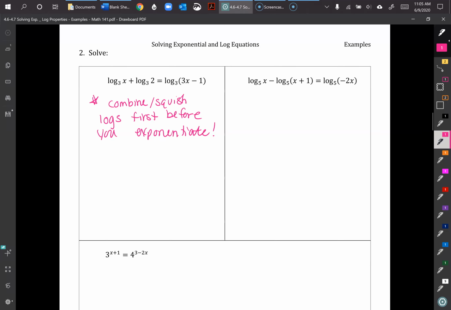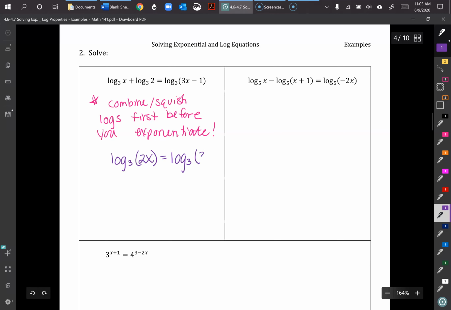So we have log base 3, and then we're going to use our sum to product, 2x. So you just have to compress those together first, and then you can exponentiate.